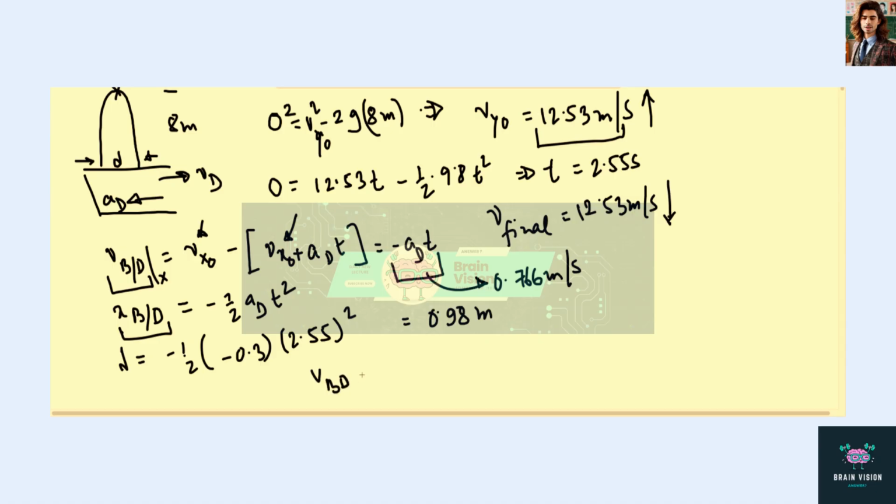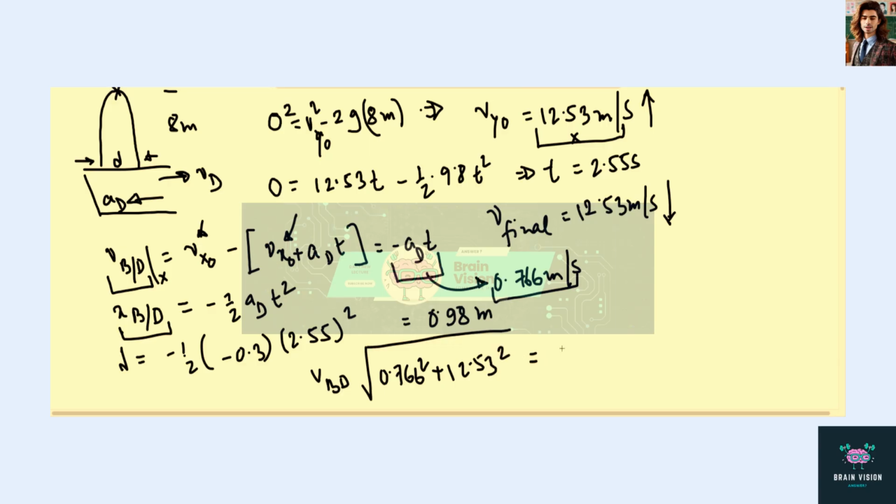So VBD is the square root of 0.766 squared, the x component squared, plus the y component squared, 12.53 meter per second, squared.